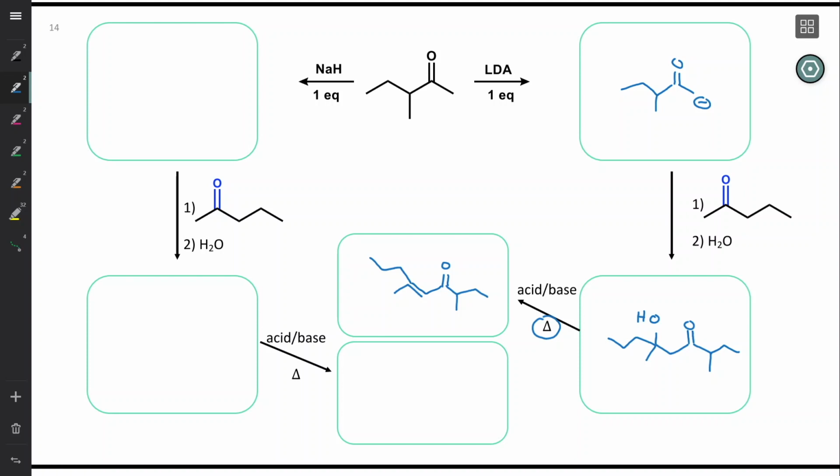Right? Okay, let's do it the other way. Now I'm going to add NaH, so I'm going to get the thermodynamic product, which is this enolate. Again, same electrophile. I still like to draw my beta hydroxy in the same direction, but now remember my enolate has changed.